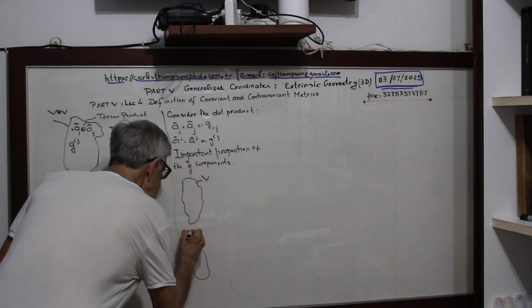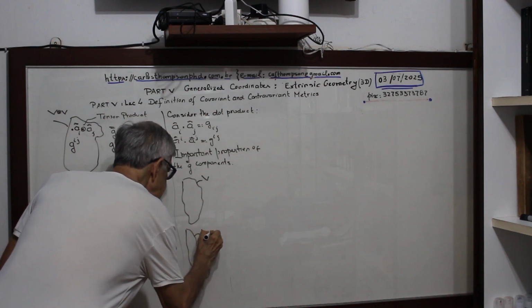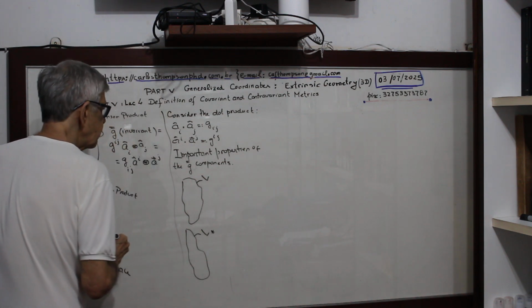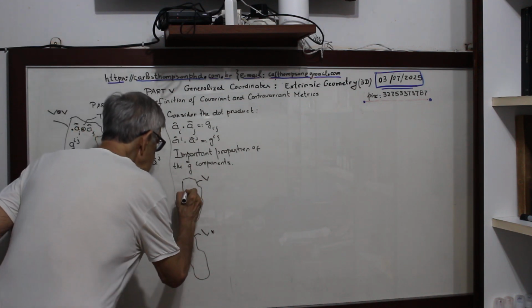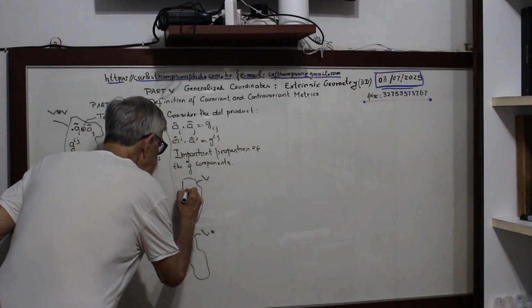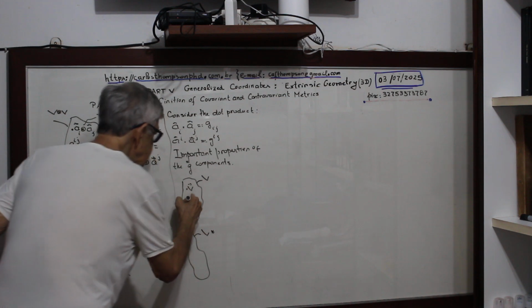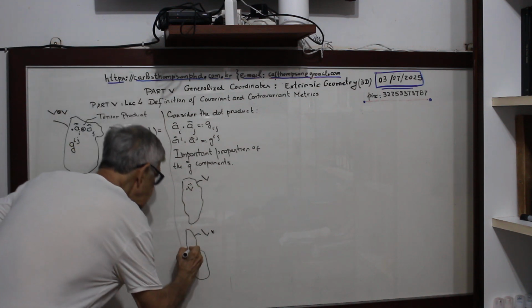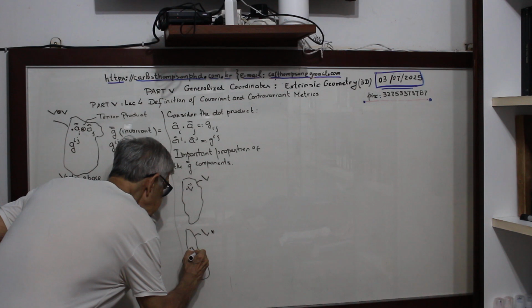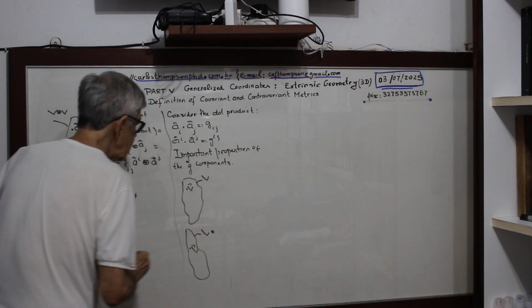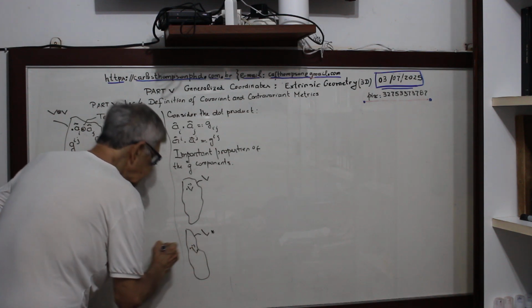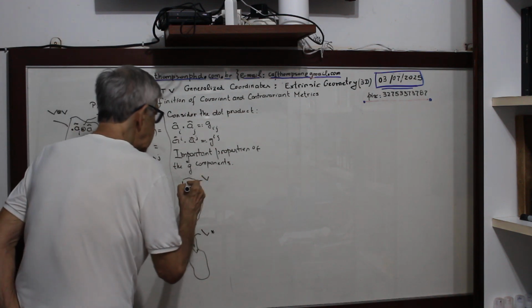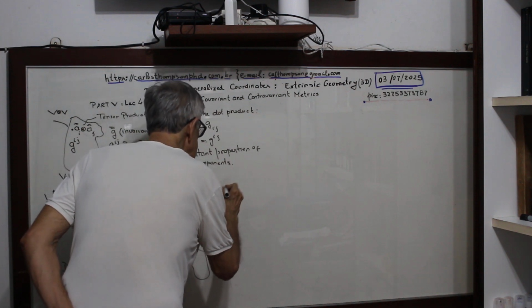This over here is the dual. So I can suppose a vector v over here. See, this is different from this. The same vector here is the vector v. That's just a notation.